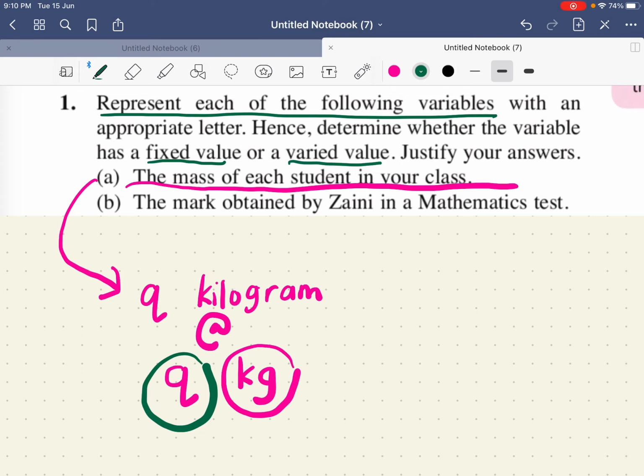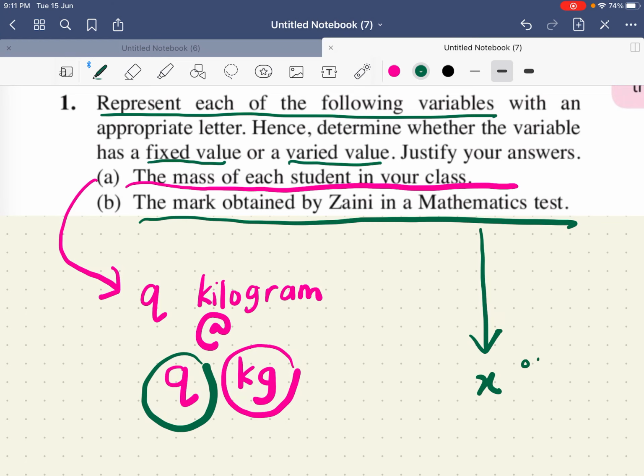The mark obtained by Zaini in a mathematics test. You tak tahu pun Zaini dapat apa. You tak kenal pun Zaini tu siapa, right? Okay, so we can say that Zaini dapat X%. Kenapa X?